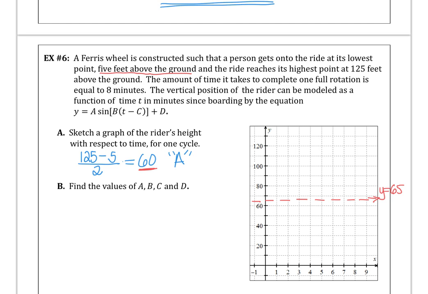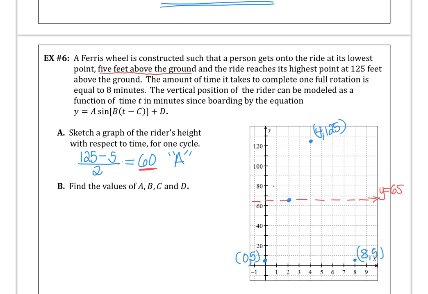So our first point would be at 0, 5, and we go how many minutes? 8 minutes later, we would have to be back at 8, 5. And then in the middle at 4, we would have to be 125 feet above. And then halfway between 0 and 4 would be at 2.